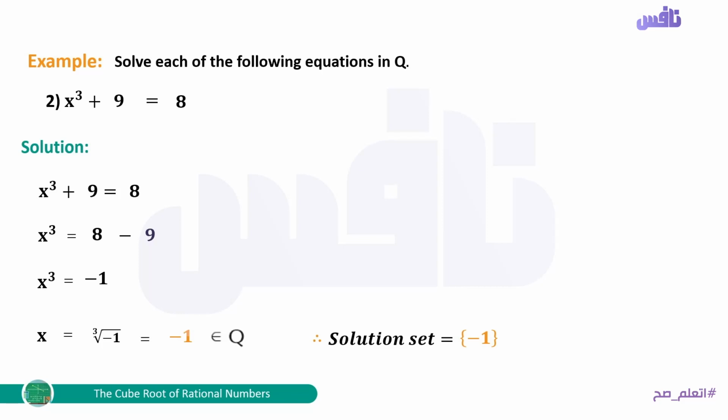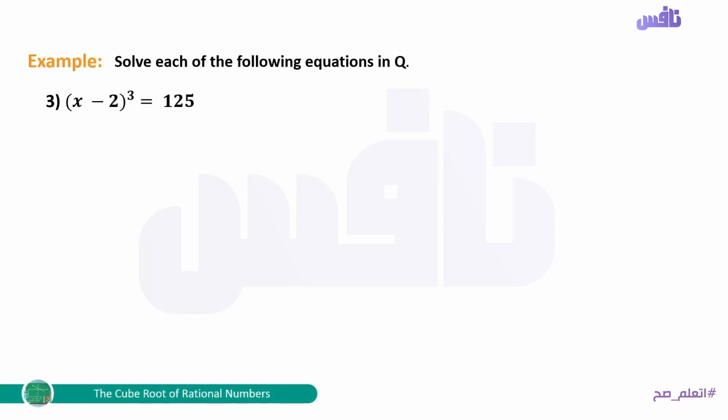Another example. Number 3, x minus 2 all to the power of 3 equals 125. We have an expression raised to power 3 and it is alone in the left hand side as you see. So the next step we do the inverse operation. The inverse operation of power 3 is cubic root.